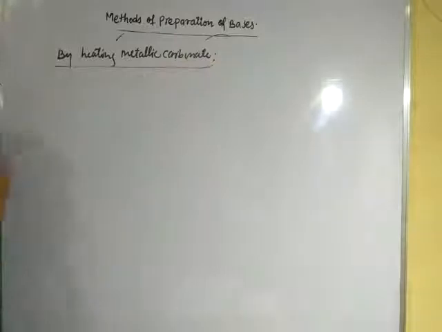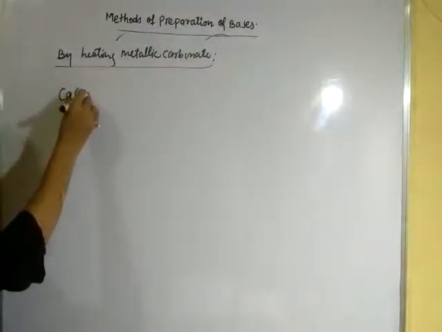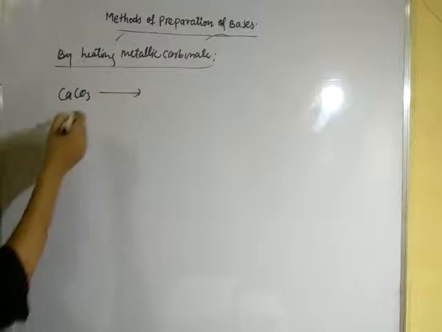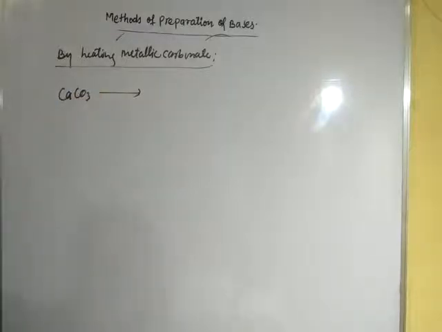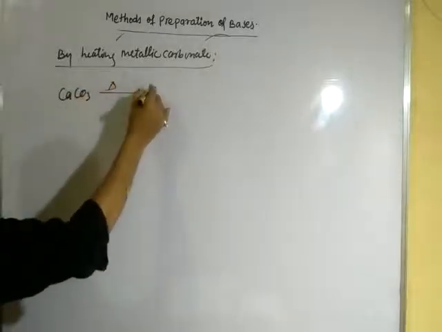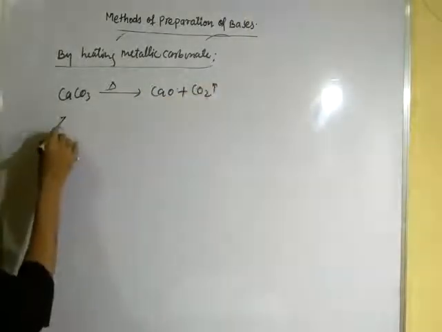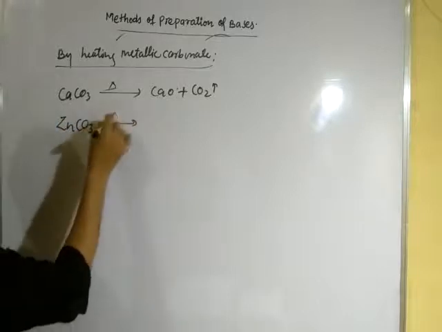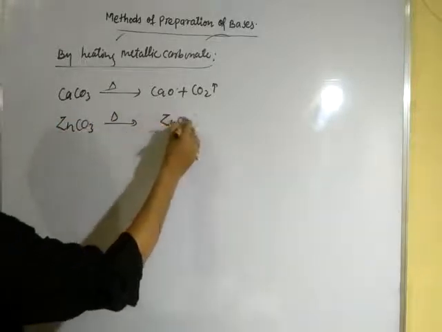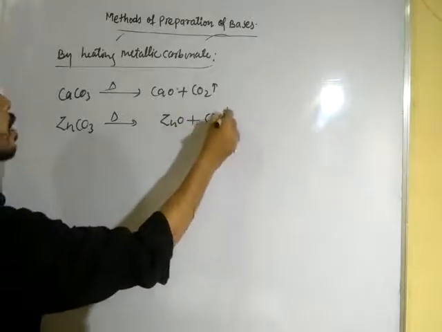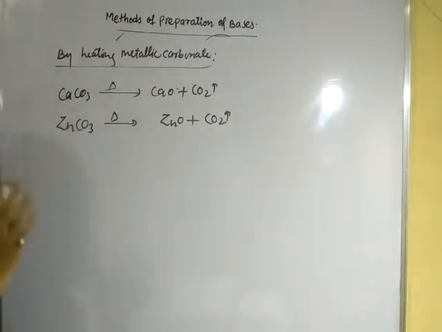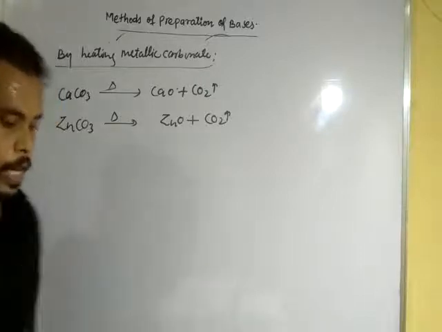So see here, when calcium carbonate is heated, it forms calcium oxide and carbon dioxide, and when zinc carbonate is also heated, it forms zinc oxide plus carbon dioxide, and these are also examples of thermal decomposition reaction, dear students.